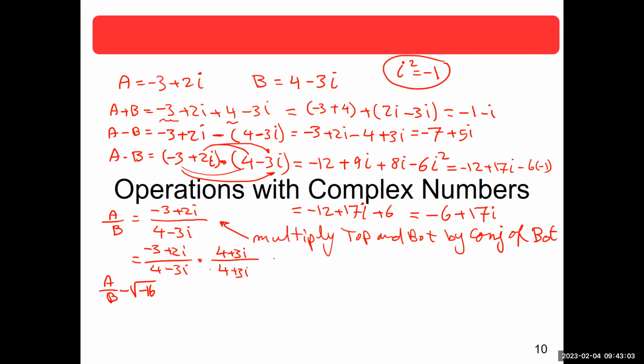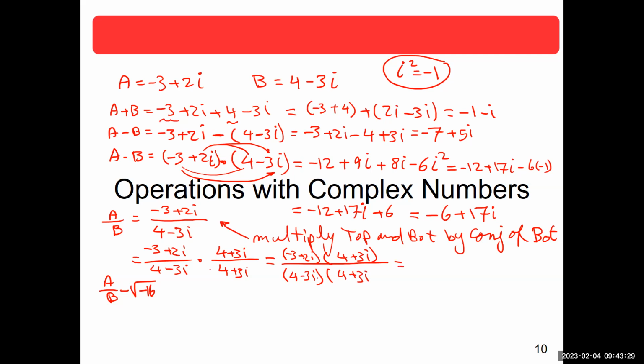So this basically equals negative 3 plus 2i multiplied by 4 plus 3i, over 4 minus 3i multiplied by 4 plus 3i.